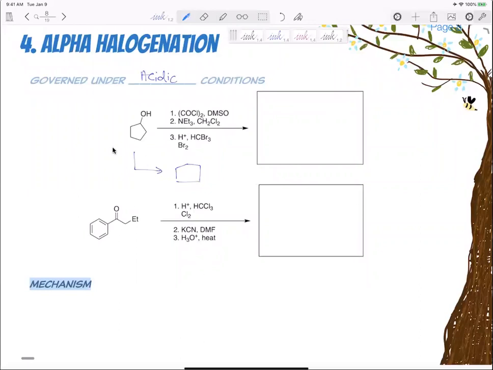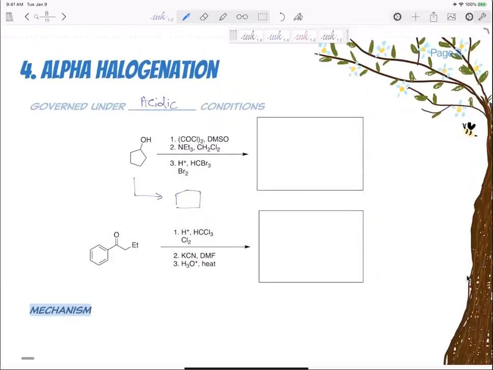Anyone remember? So honestly, you can get away with just putting H3O plus. You don't have to put KOH, but if you prefer basic conditions, then you can do it that way. But honestly, it really does not matter. You can just put H3O plus. You just, by nature, make it acidic, and that's fine.